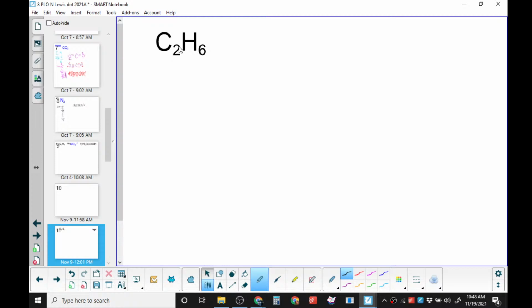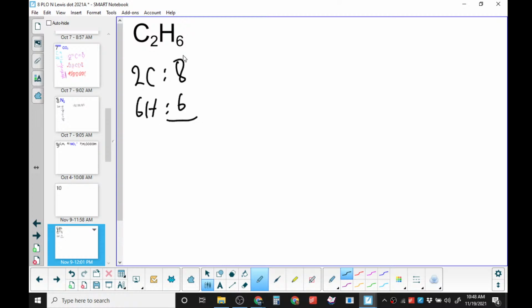If we have 2 central atoms, how many electrons do we have for the carbon? And from the 6 hydrogens, we have a total of 14 electrons. We want to do it via central atoms.